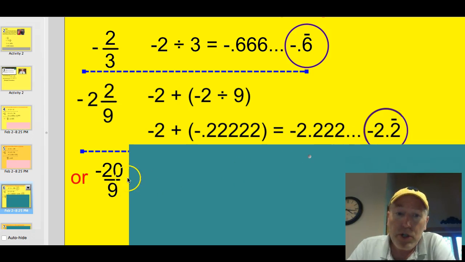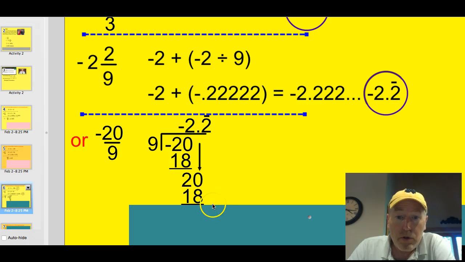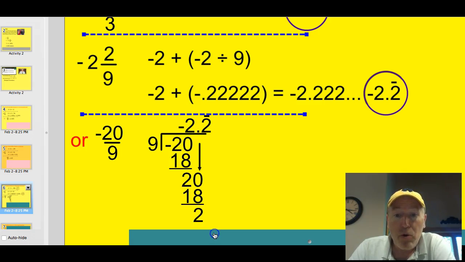Okay? You could flip this into an improper fraction as well. And if you did that, you could also break it down and do it old school. So you have negative 20 divided by 9. It goes in there negative 2 times, that's 18. You've got 2 remainder when you subtract out.